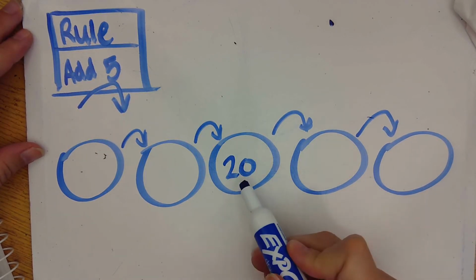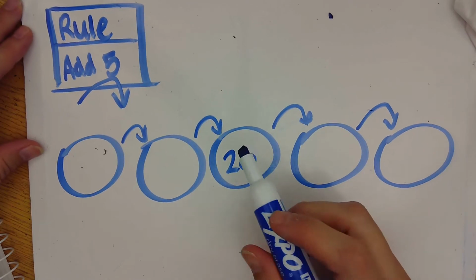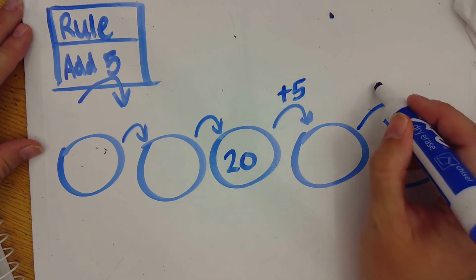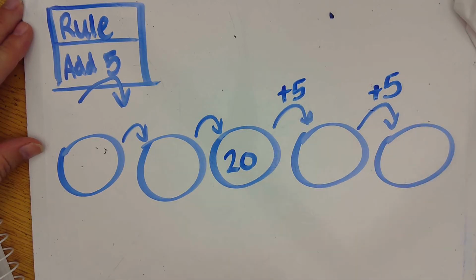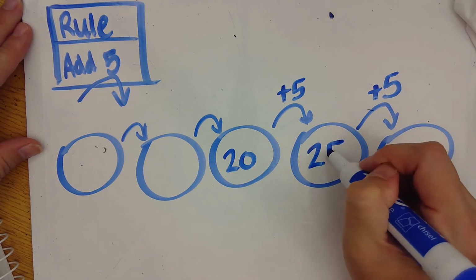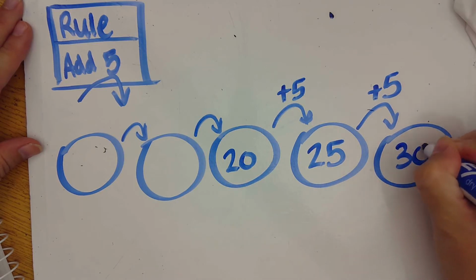So if I start here and my arrow goes to the right, I can add 5 every time I see that rule. So I am going to remember that I have to add 5 every time I see that arrow. 20 plus 5 is 25. 25 plus 5 is 30.